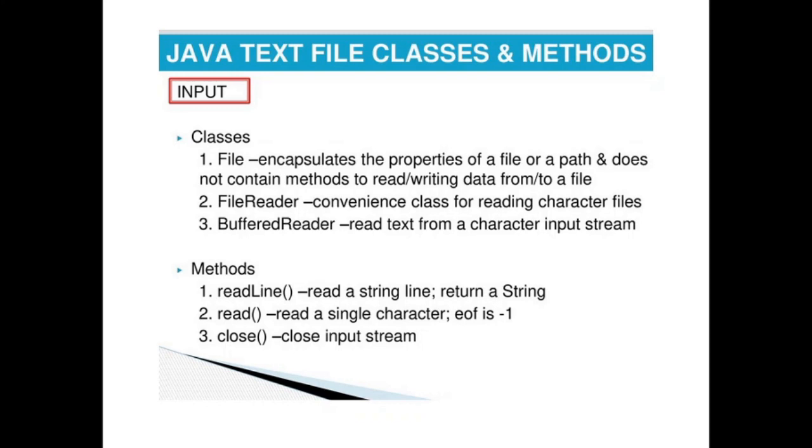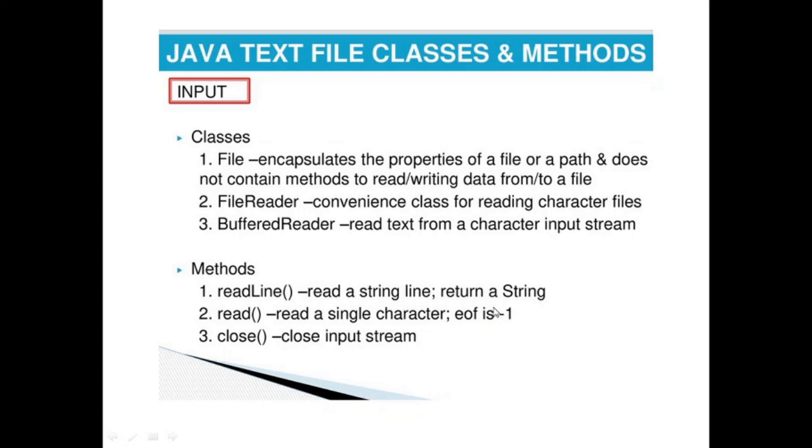Then there is a read function that reads a single character. So you can very easily grasp what we can do for reading a whole file. We can either use the readLine function in a for loop, or we can use the read function in a loop until EOF is equal to -1. EOF means end of file.